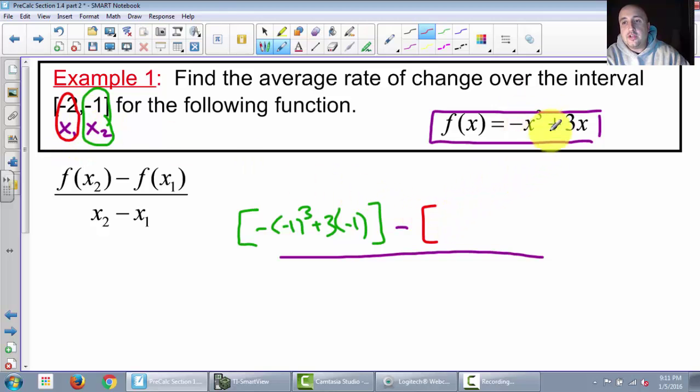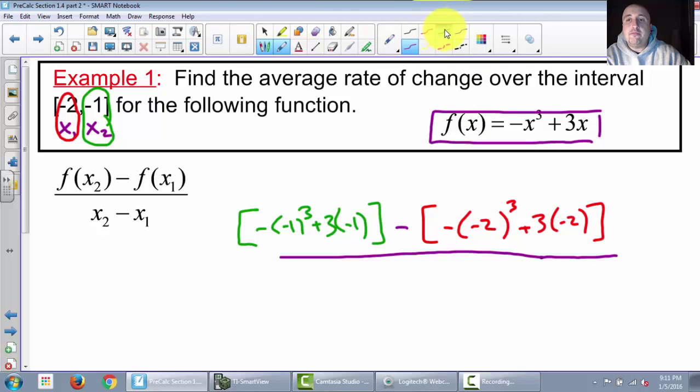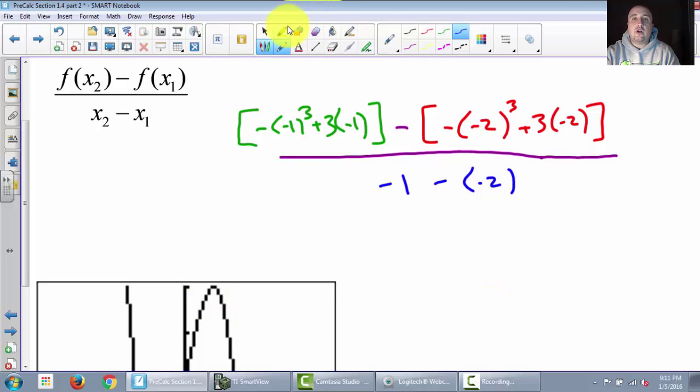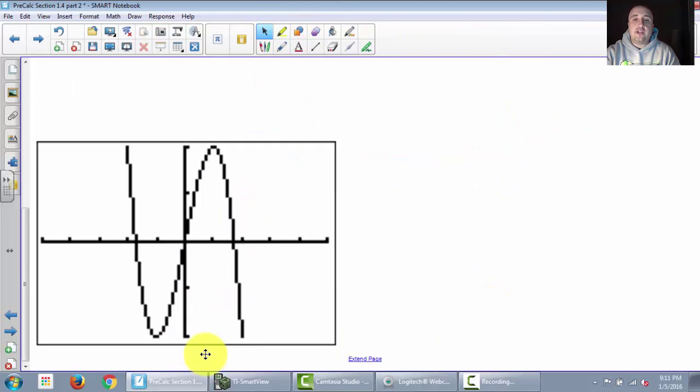I'm plugging negative 2 in where I see an x: negative 2 cubed plus 3 times negative 2. On the bottom, it's just x2 minus x1, so my x2 is negative 1 minus my x1, which is negative 2. If we do the math correctly, that will give us our average rate of change.